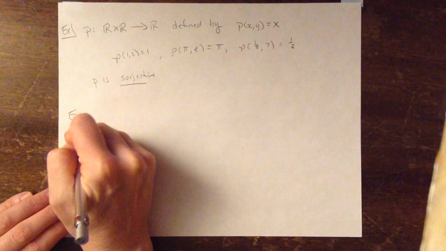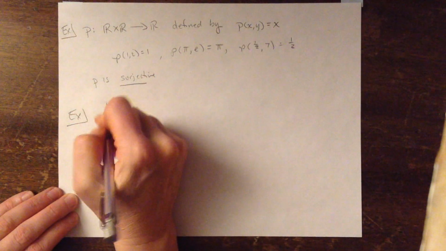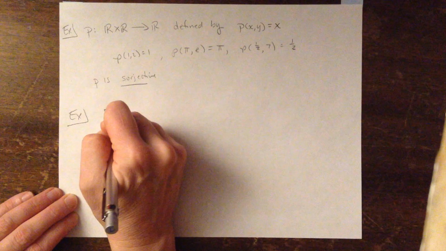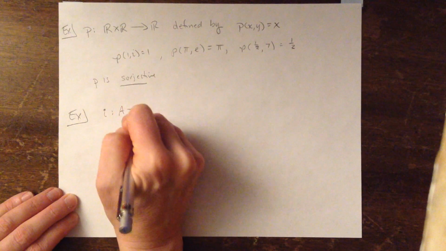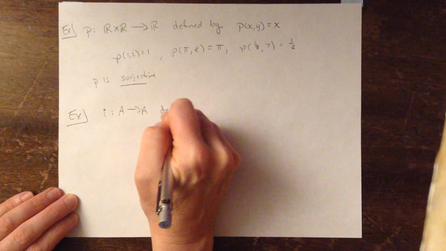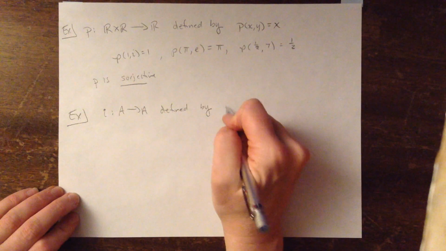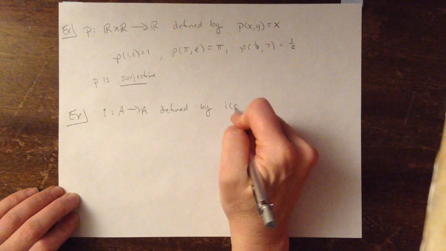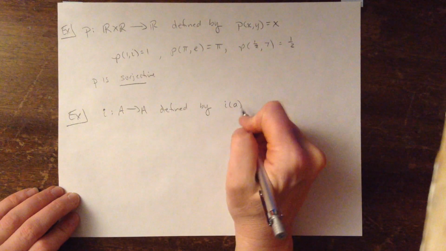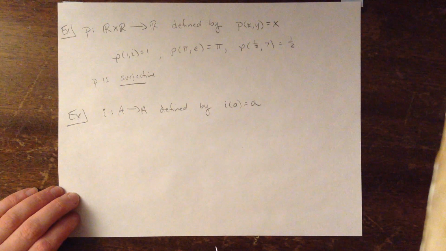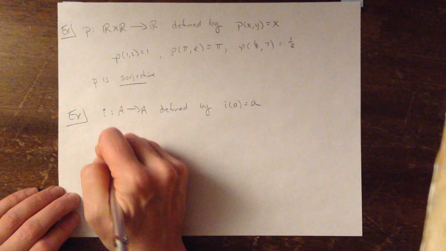Another example, the identity function, I'm going to call it I, from any set to itself defined by, if it's the identity function, you take any element in A, you apply that identity function, and you get the same element back. This certainly is surjective.